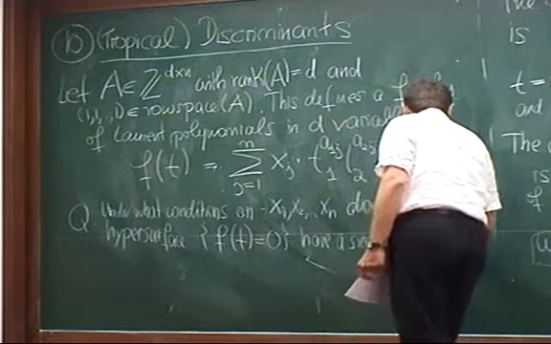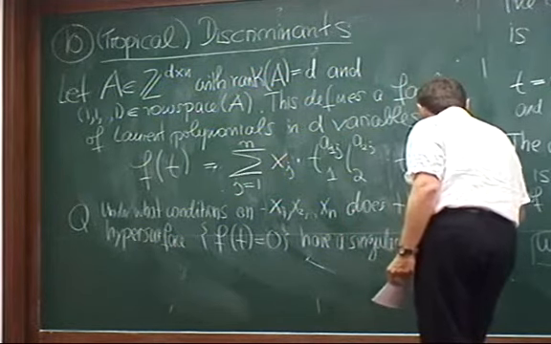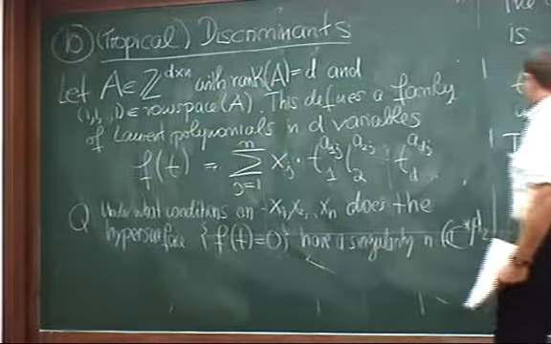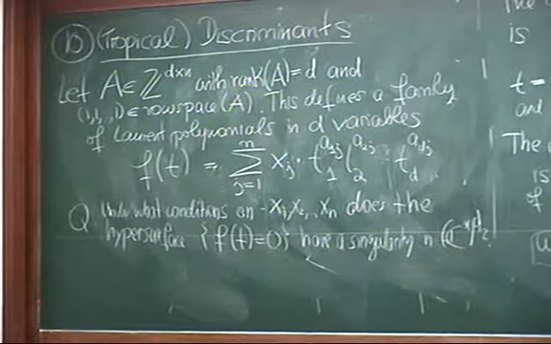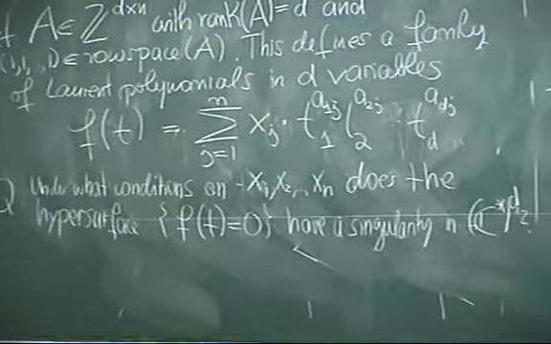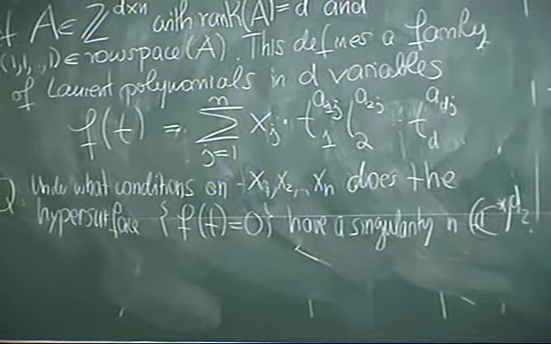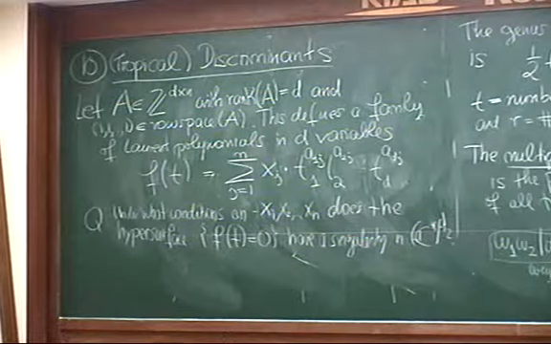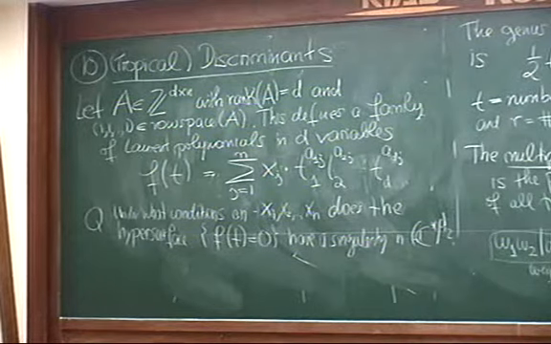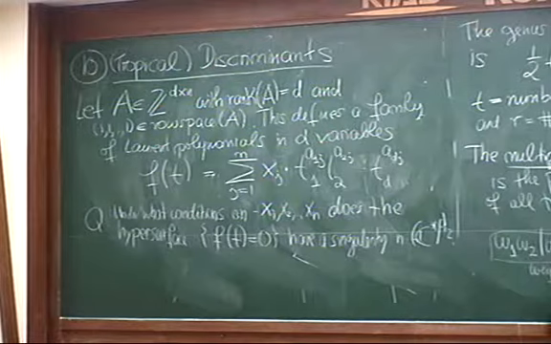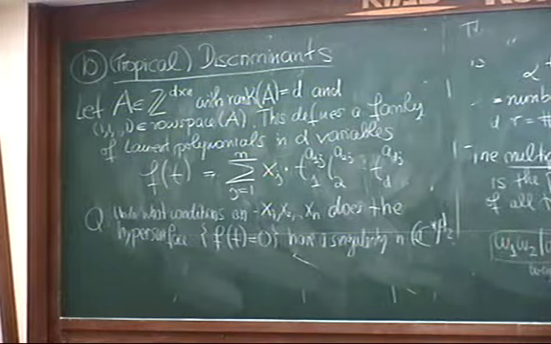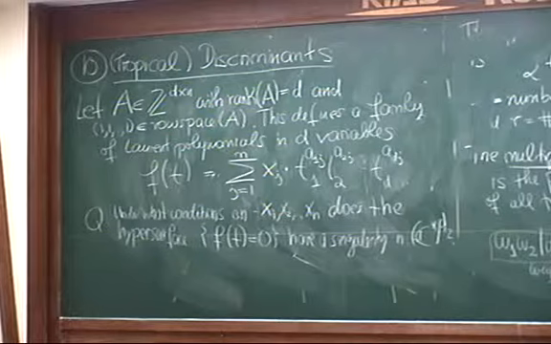Since these are Laurent polynomials, we have to ask this question for zeros in the algebraic torus, C star to the d. For any choice of the x's, if the x's are some particular numbers, I'm going to get a hypersurface. It turns out that if I pick random x's, this will be a smooth hypersurface. But for some special values of the x's, this hypersurface might have a singularity, and I'm going to be interested in characterizing exactly when this happens. That's going to be the goal of this talk.